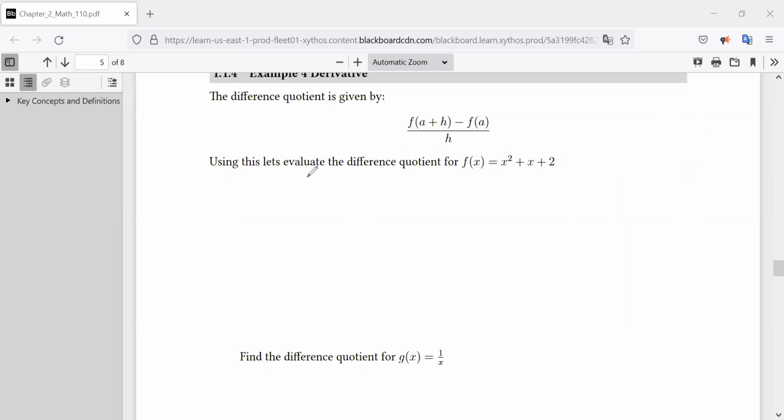So using this definition, find the difference quotient for this guy. Everywhere I see an x, I replace it with an a plus h. So what does that become?